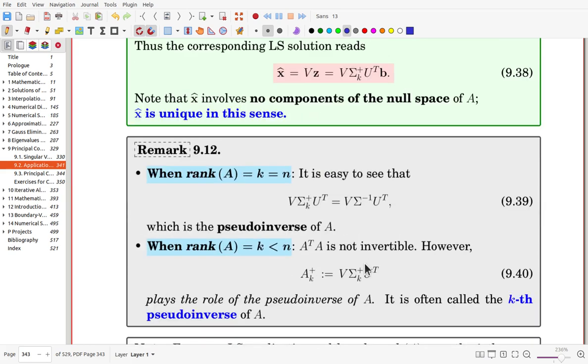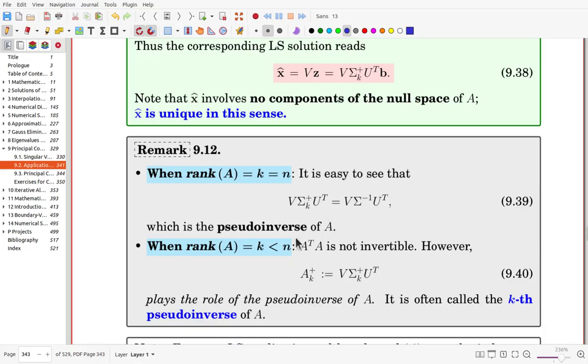We have a remark. When the rank of A is K, and K is the same as N, which means that it is full rank, then K is N and the pseudo inverse is really the inverse, so that we reach the pseudo inverse of A.